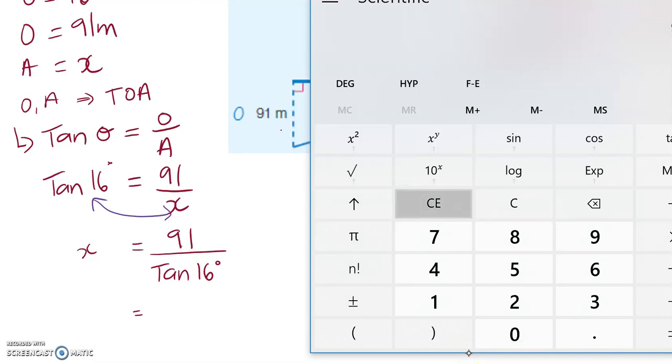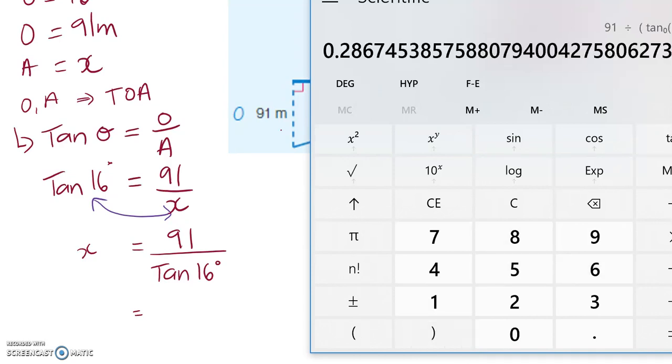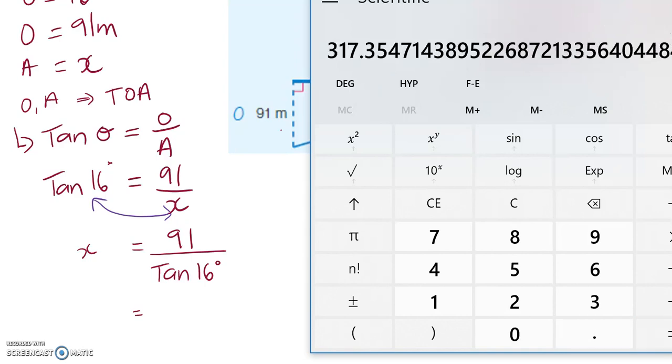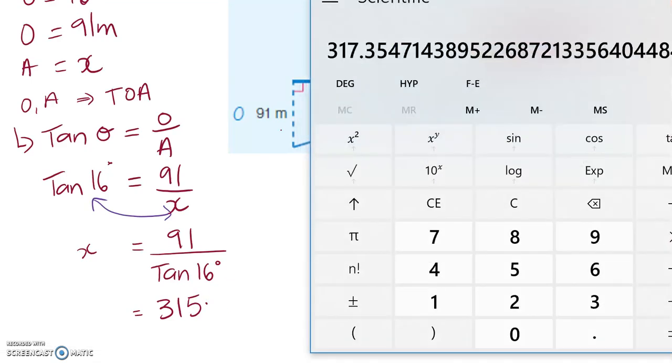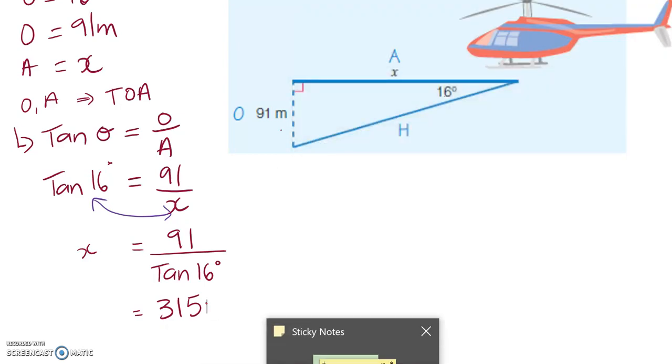Let me just restart this. 91 divided by tangent 16, equals, and that gives us 317.54, rounded off to 2 decimal places.